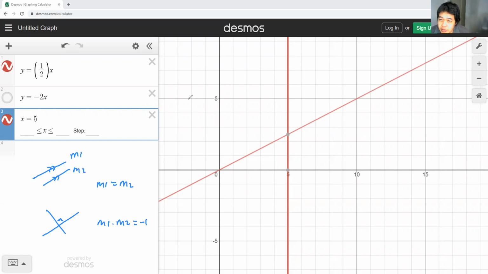The previous one was when you have a line y equals something, for example, equal to k, that means you will have a horizontal line. And the last one is when you have x equals a value, k for example. Therefore, you will have a vertical line like this.